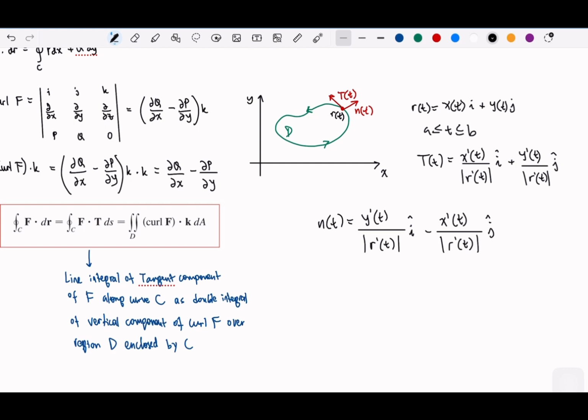So then if we take the line integral for the F dot n with respect to s, as s is the arc length, then this will be the integral from a to b of F dot n, and we can write ds. So F dot n in terms of t, and then multiply with the magnitude of the r prime t, and then dt.